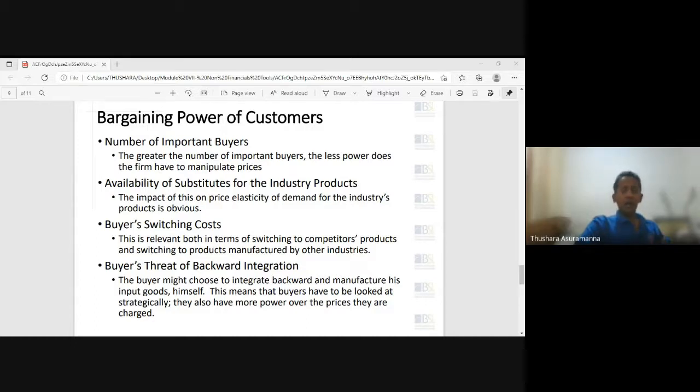Why can't I do manufacturing? So I purchase a company that is good at manufacturing, called a backward integration. In that sense, the distributor acquires a manufacturing company and starts manufacturing, which is an issue for you because you do only manufacturing. Now you lose customers.